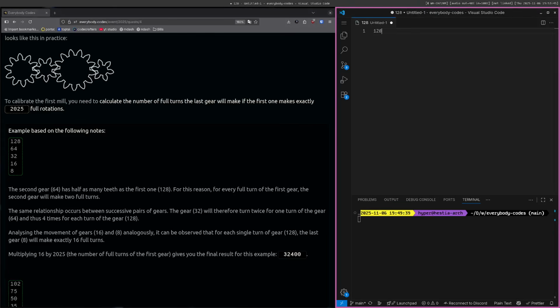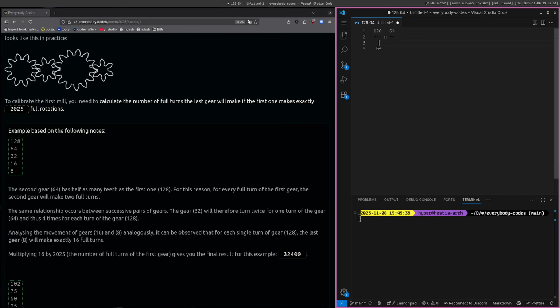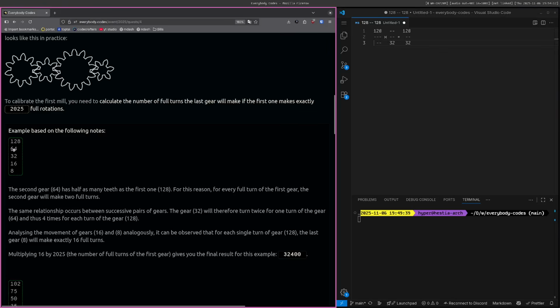So what we're essentially doing is taking 128 divided by 64 and multiplying that by 64 divided by 32. Because one side has 64 on the bottom and one side has 64 on the top, we can cancel them out entirely and get a total ratio of 128 over 32. We can continue this cancellation until we just get a ratio of first number divided by last number.